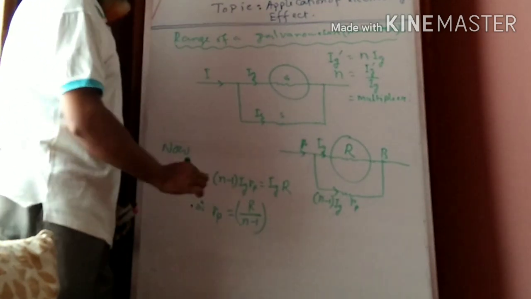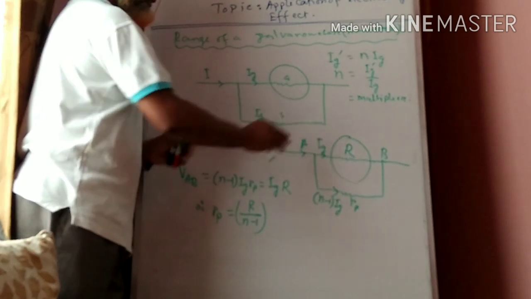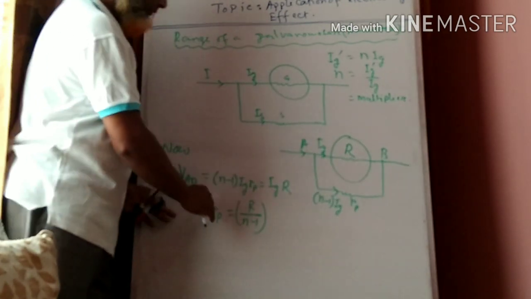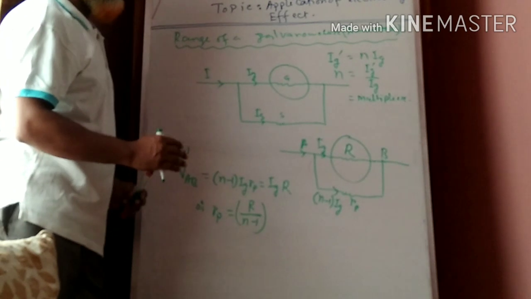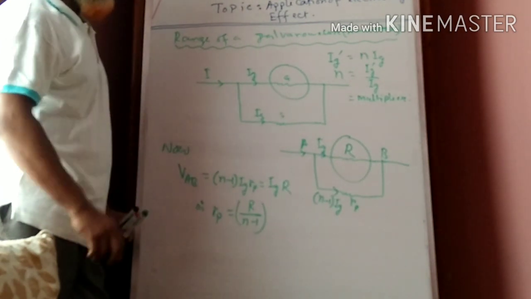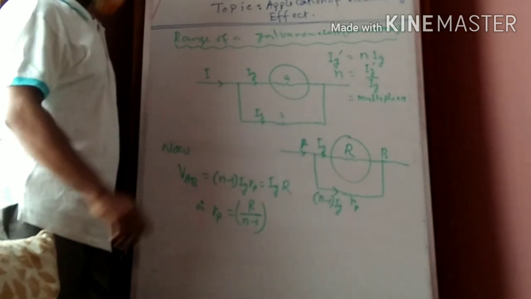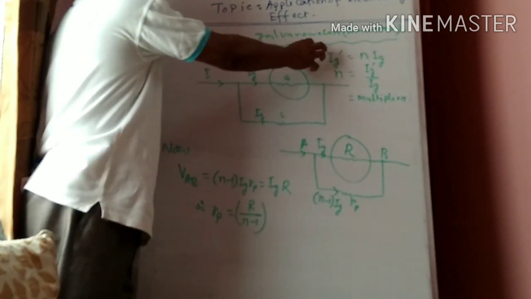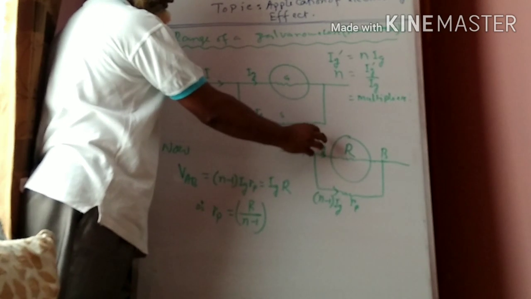So if we connect the small resistance Rp in parallel with the total resistance of the galvanometer, then we will get n times more current through the galvanometer. Let the total current be Ig prime, which is n times Ig.